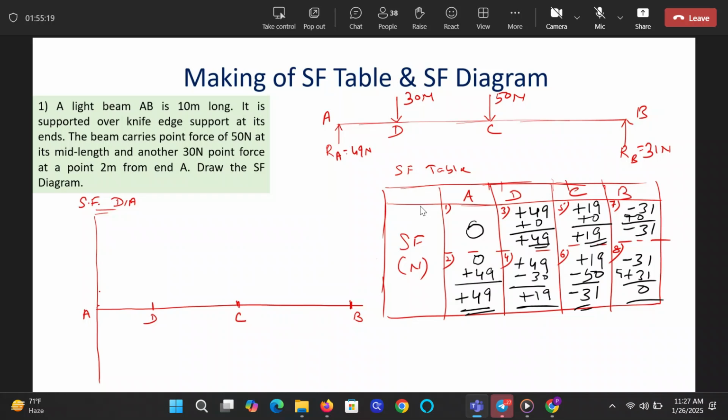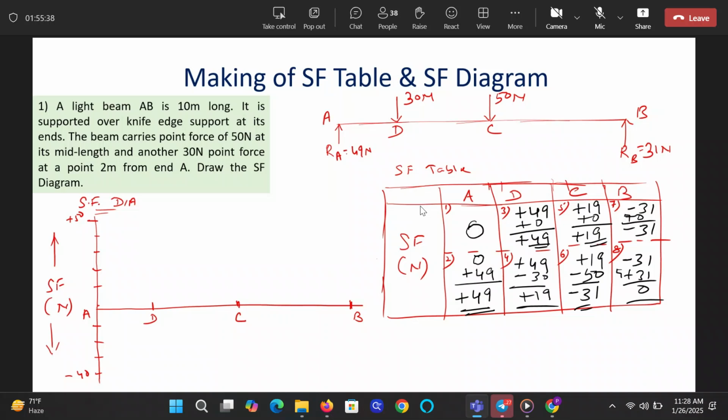So you'll obviously graduate your axis. If this is plus 50, then 10, 20, 30, 40, 50, minus 10, 20, 30, 40. This will be SF in newtons, like this.